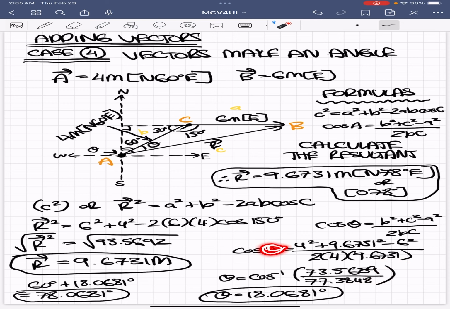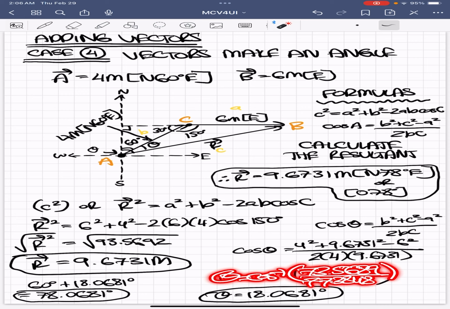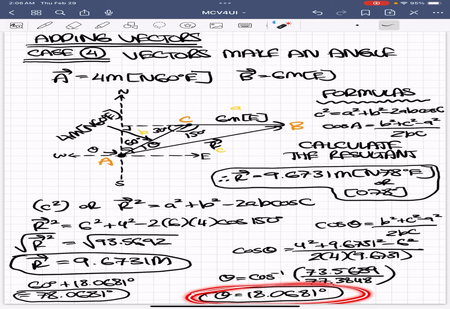So we have theta, we need to move cos to the other side, so it becomes the inverse function, and that's why it has that little -1 right there. So we have theta equals inverse cos of 73.5689 over 77.3848. And we have this big old angle right there.